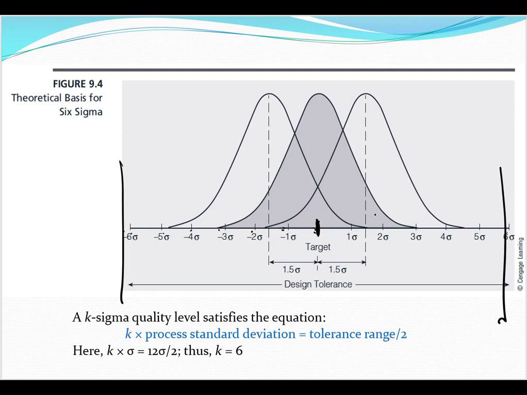So when you look at it, if K is a constant, or is the number of sigma levels that we have within a process, then that times the standard deviation should equal the 12 sigma that we have from lower spec limit to upper spec limit, the 12 sigmas divided by 2. Divided by 2 because we're looking at half of the range.